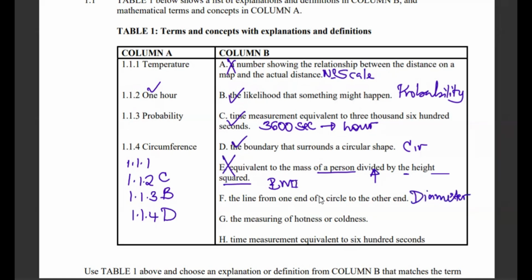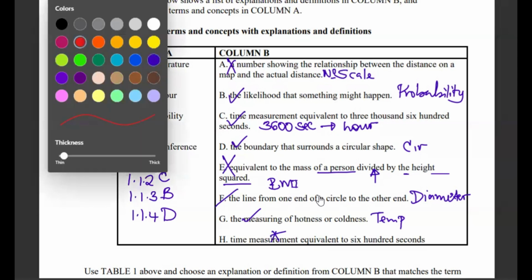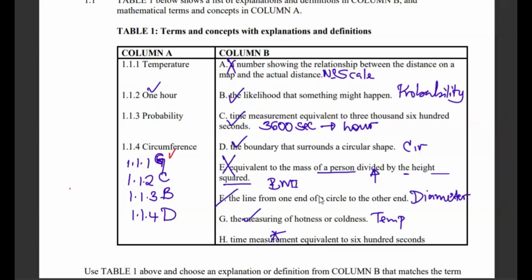Passes through the center. Do we have anything to do with the diameter? No. G, the measuring of hotness and coldness. This is temperature. And indeed, this answer becomes G. So this is taken. So they are all finished. So the answers were supposed to be G, C, B, D. How would we mark this? 2 marks each.